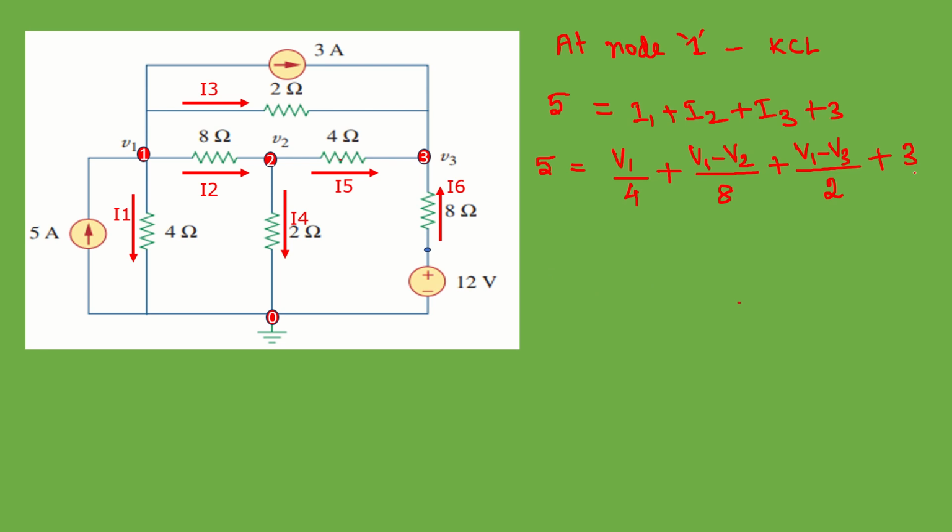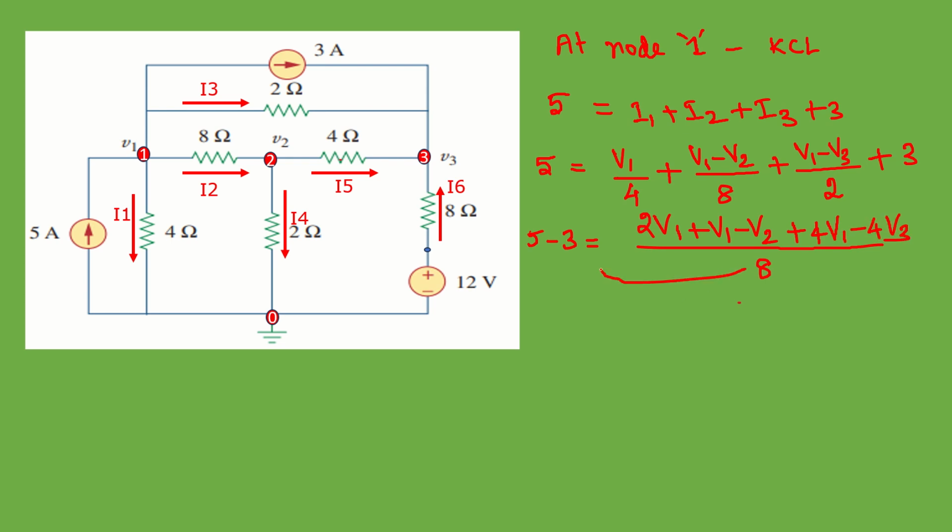This 3 can be brought to the side, so you can write this as 5 minus 3, that is equal to, and here we take the common denominator as 8. So it is 2V1 plus V1 minus V2 plus 4V1 minus 4V3.